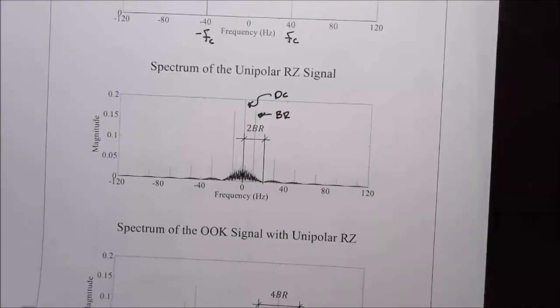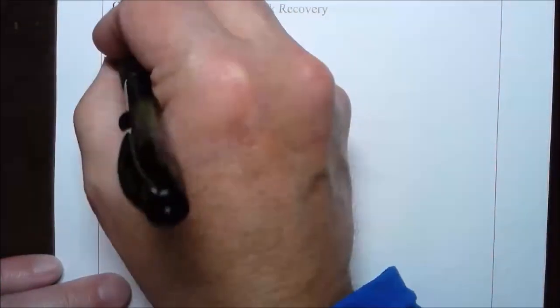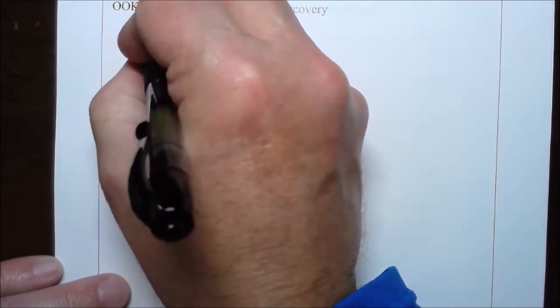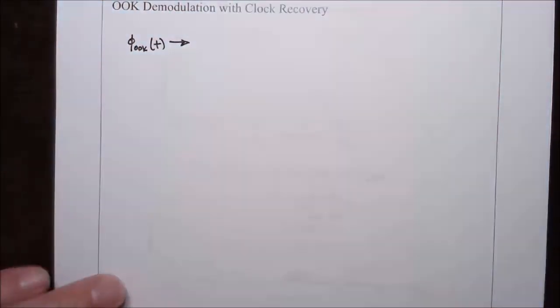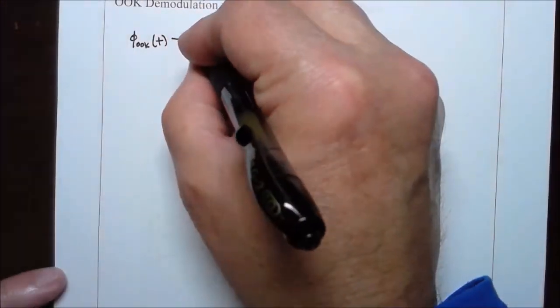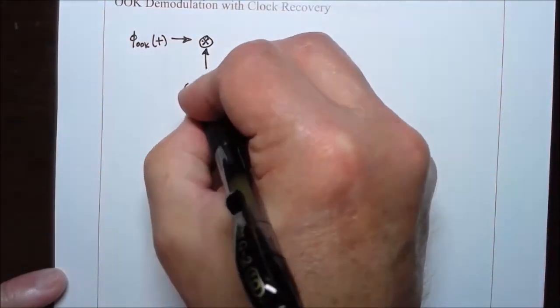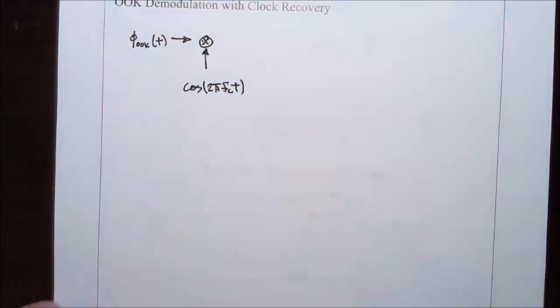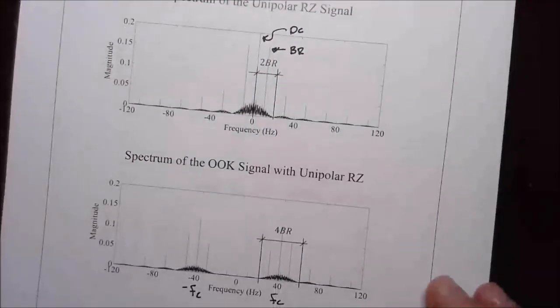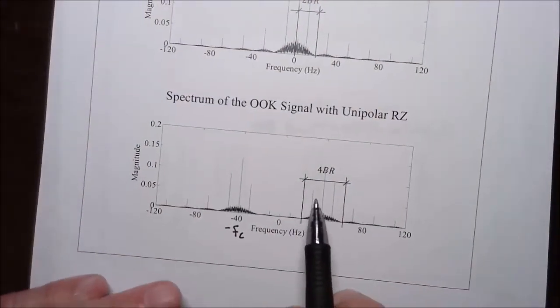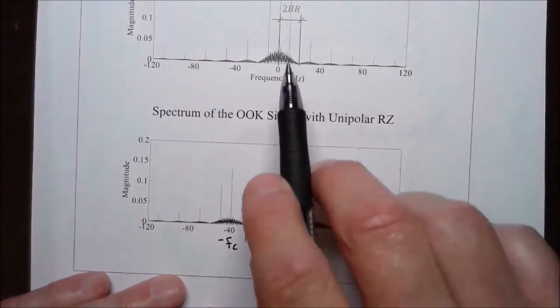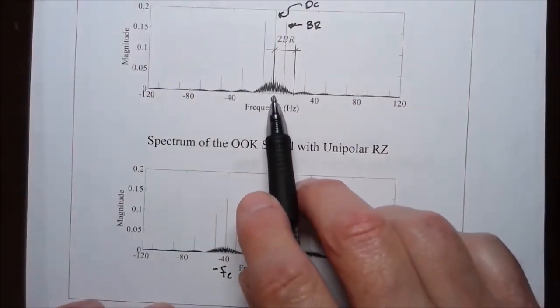Okay. So now for demodulation, I think what I would suggest might be a good way, if we take this on-off keyed signal, then how about this? We mix with a replica of the carrier signal. That will shift this signal back down to this location.